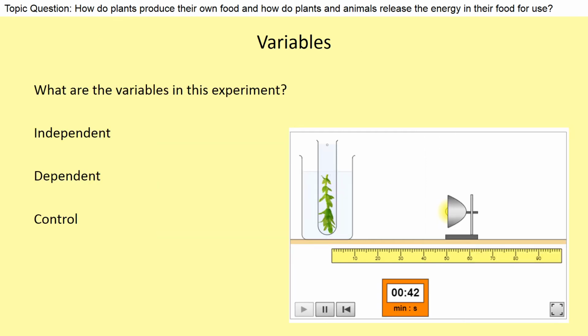In this experiment, what would the variables be then? What would be the independent variable? What am I changing? Let's say that we're looking at the light intensity. What would be my dependent variable? What would I be measuring? And what would I need to control in this experiment to make sure that it was valid? Just give you a minute on your bit of paper to jot those down. What are the 3 variables for this experiment?